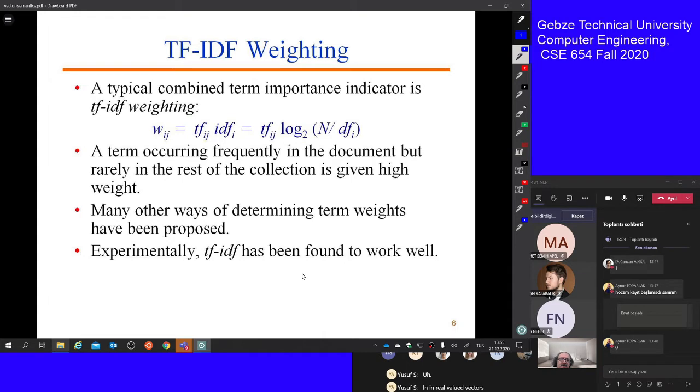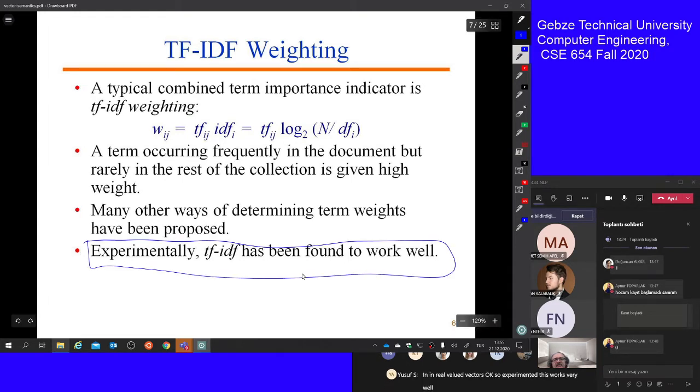Experimentally this works very well. There have been many other ways of expressing documents, but TF-IDF weighting is typically used a lot. It is known that it works very well with web pages and that kind of stuff. Okay, any questions so far?